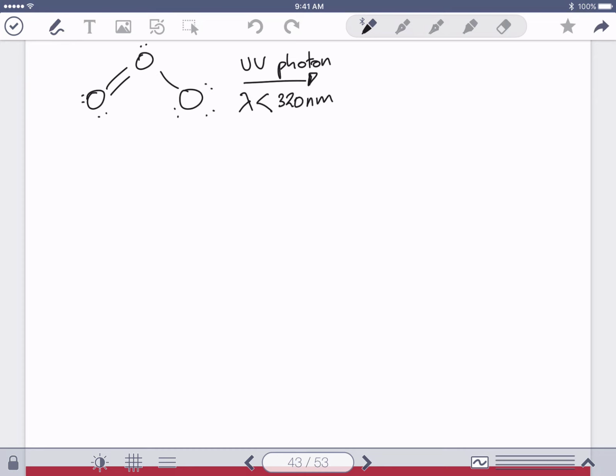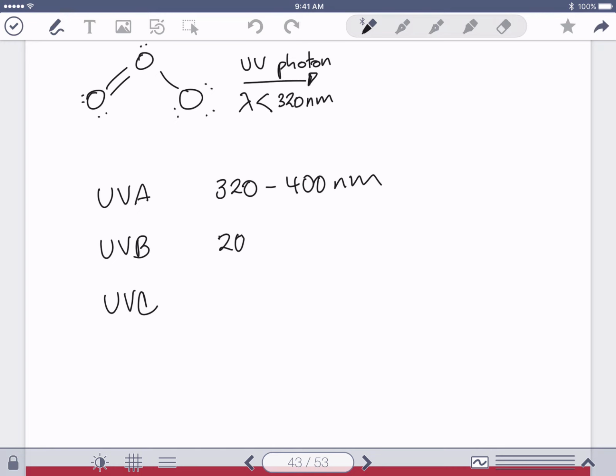So what does that mean? Whenever we learn about the different types of UV rays, we have UVA, UVB, and UVC, which have different wavelengths. UVA has 320 to 400 nanometers. UVB has 280 to 320 nanometers. And UVC is 200 to 280 nanometers.